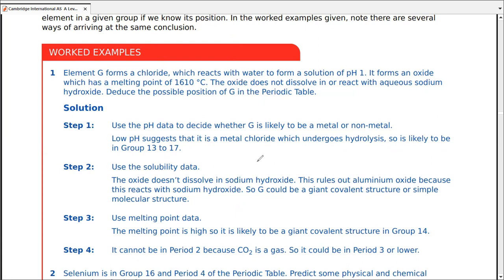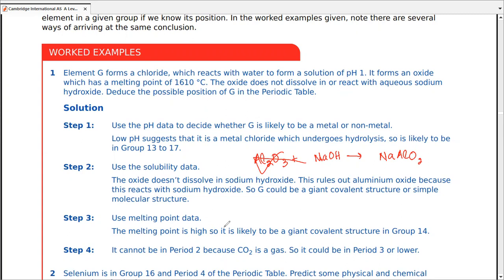Let me tell you that the reaction for Al2O3 with NaOH was to give you NaAlO2, which was soluble in water, and then there is an OH compound. So since this becomes soluble later with sodium aluminate, this gives you the idea that this can't be aluminum oxide.